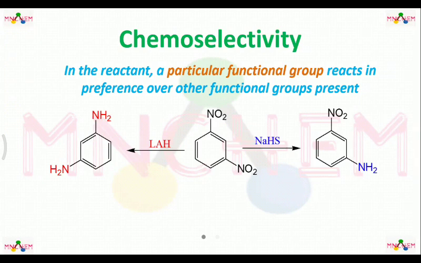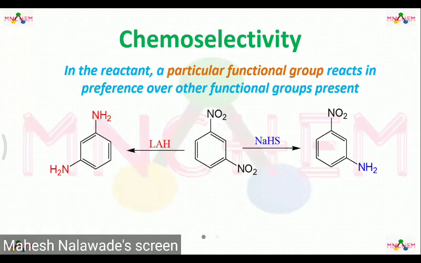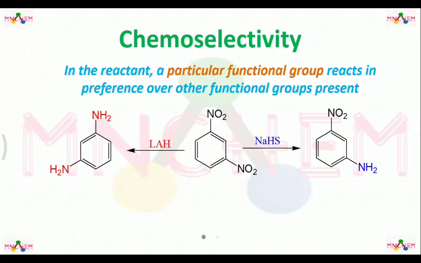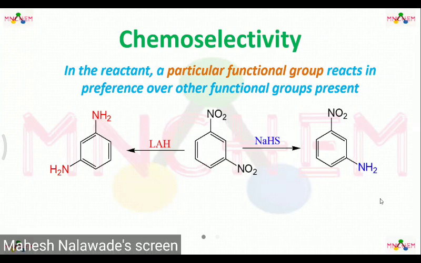So LAH, being a strong reducing agent, reduces both the nitro groups in the meta-dinitrobenzene. Here, when we choose sodium hydrogen sulfide, that selectively reduces only one nitro group and we achieve the desired chemoselectivity.